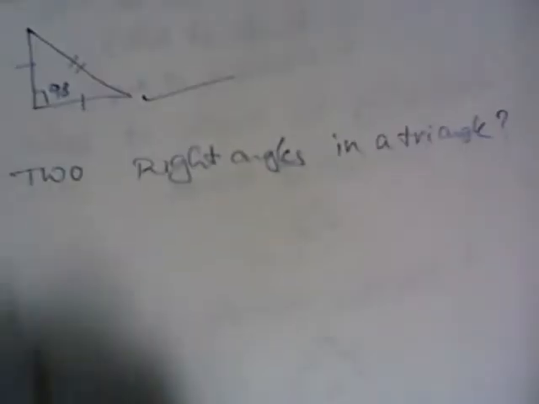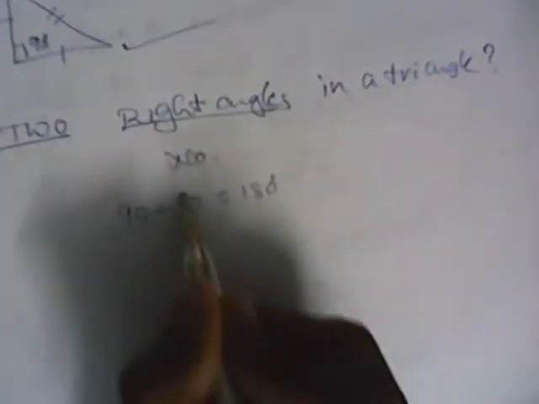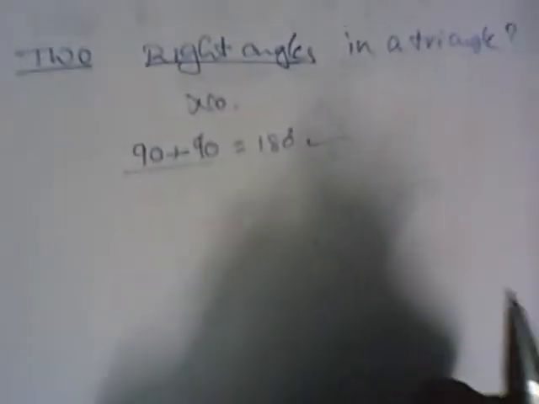Now I want to ask you one thing. Is there any possibility of two right angles in a triangle? No. It is because a right angle means 90 degrees. Two right angles means 90 plus 90, that means 180. Here the addition of two right angles itself is equal to 180 degrees.